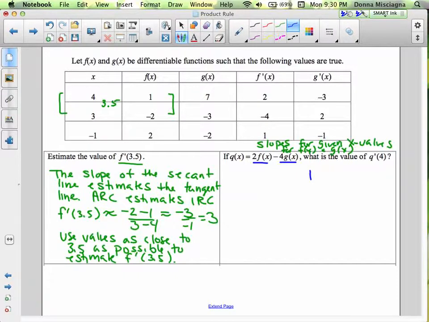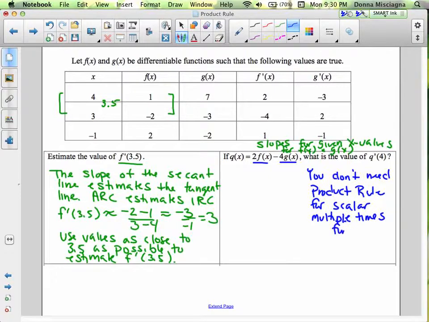So you don't need the product rule for a scalar multiple times a function. Right?